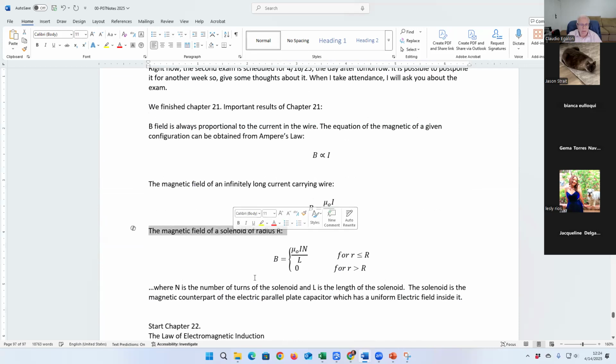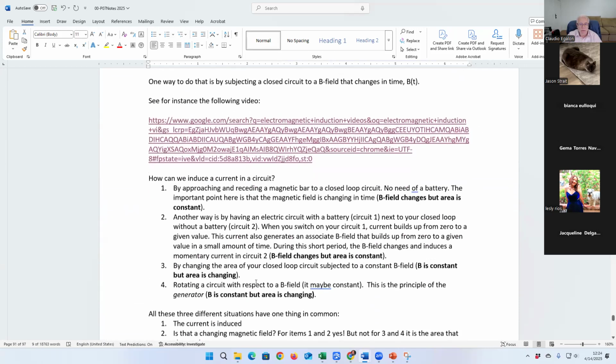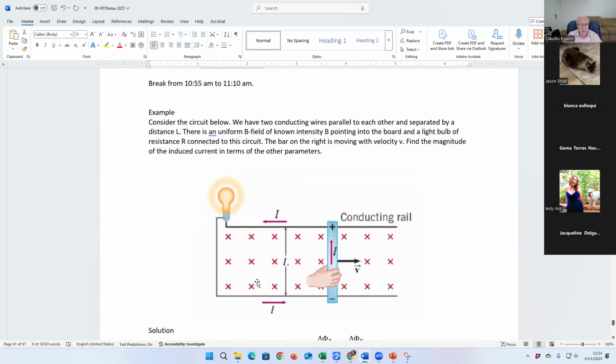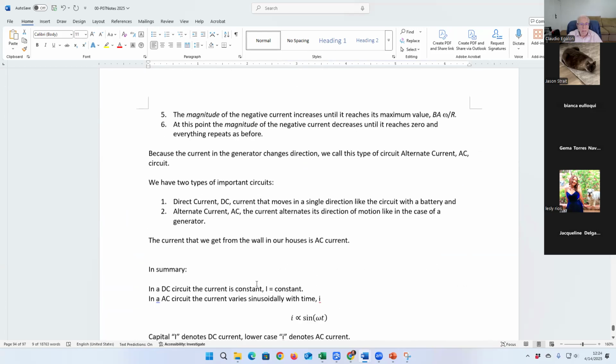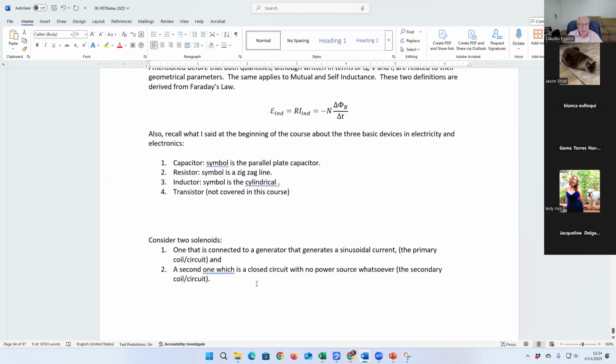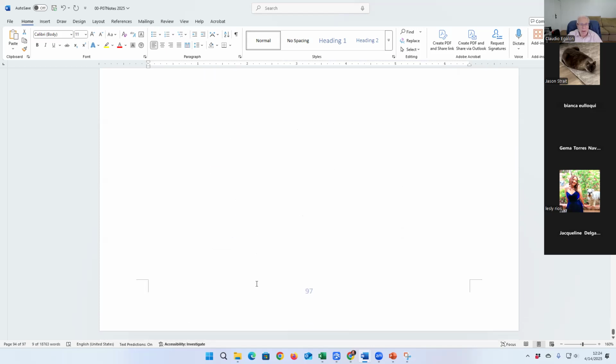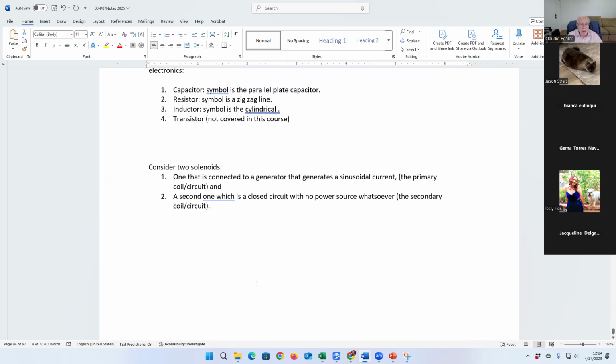It's a solenoid. The symbol of the inductor is a solenoid because it's the simplest inductor that we are going to see out there, by the same token that the parallel plate capacitor is the simplest capacitor.